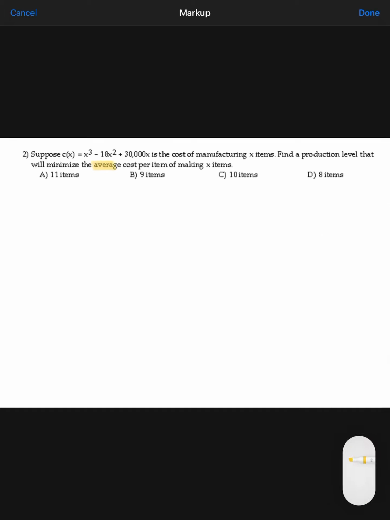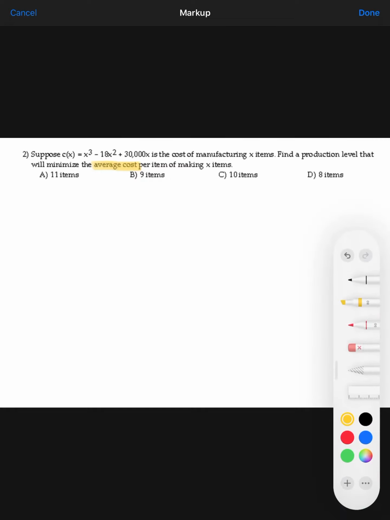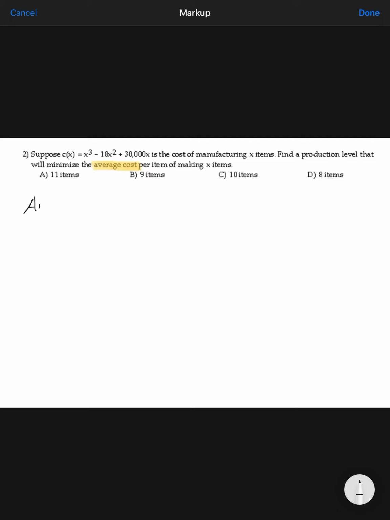Right here, we have a request for average cost. The cost function is given. Average cost is called C bar of x, and is equal to the cost function divided by the items.